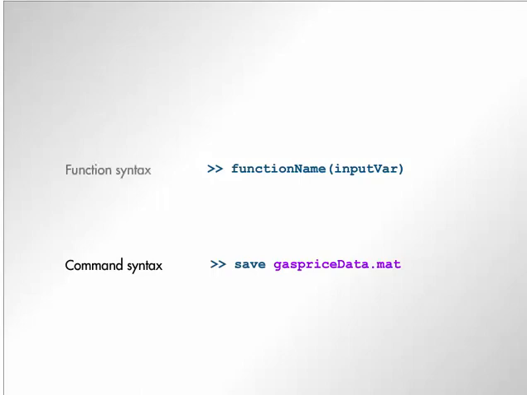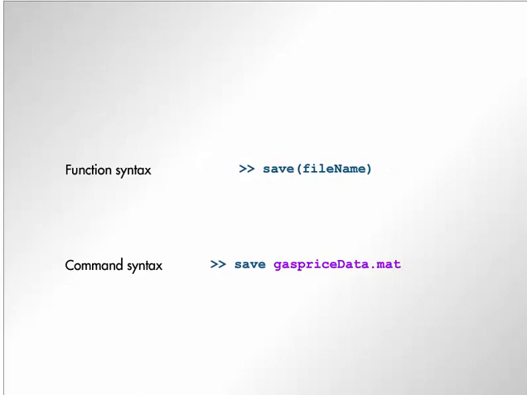Character arrays can also be used in functions as inputs. The command save, explained earlier, can be used with the command syntax save, space, and a file name, but it can also be called using a function syntax, with the file name inside parentheses.